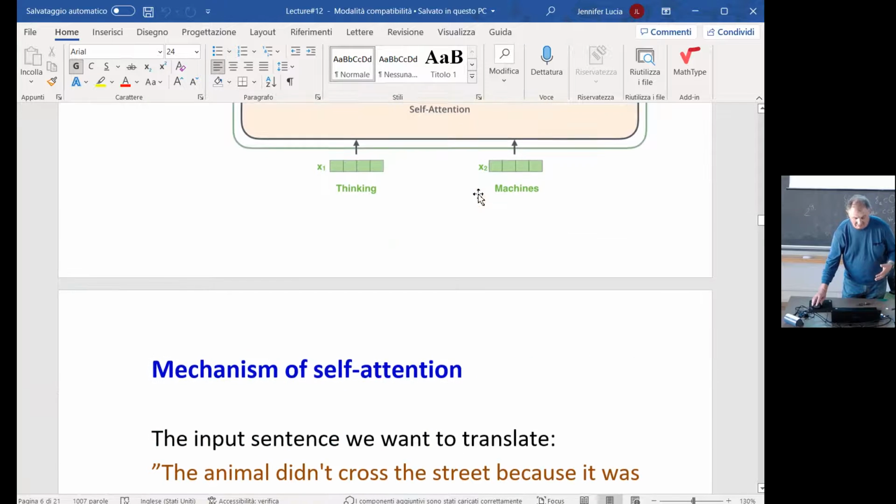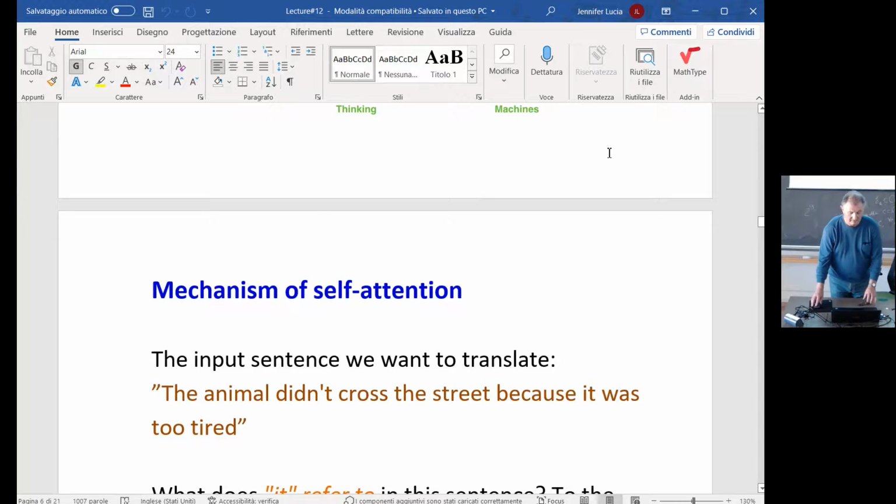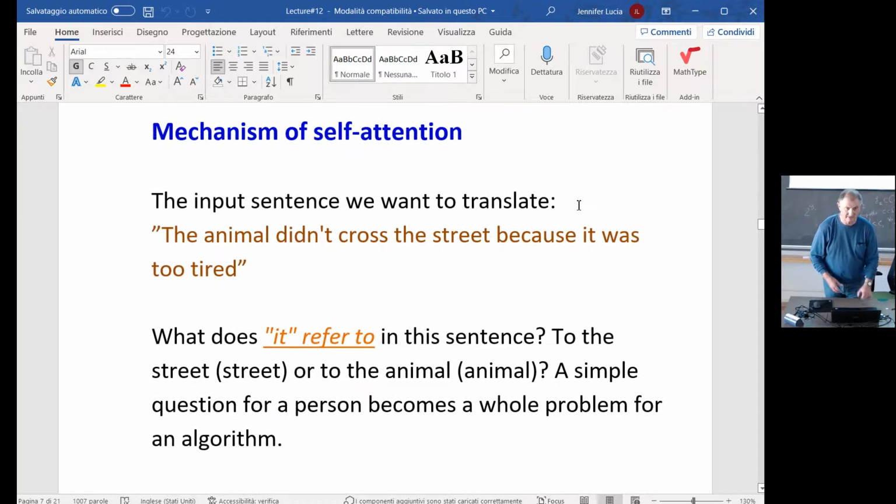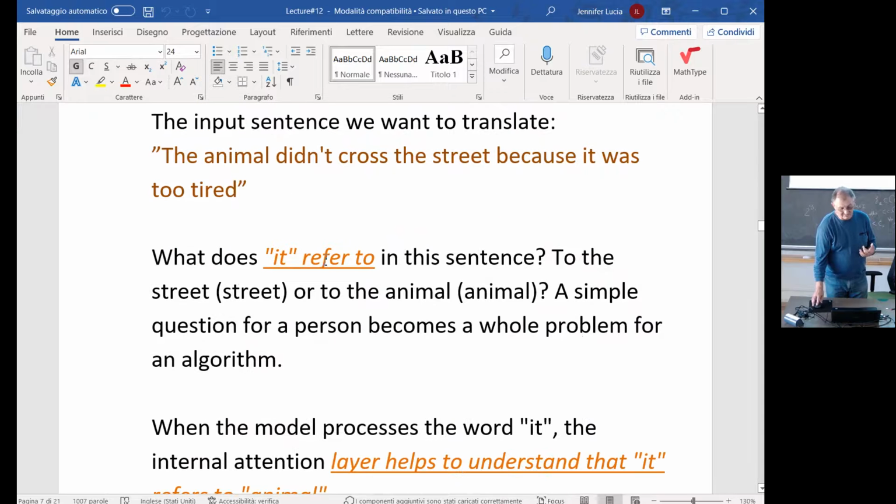And there are 6 encoders. So the mechanism of self-attention, what is it? How does it work? The input sentence we want to translate: the animal didn't cross the street because it was too tired. What does it refer to in this sentence?